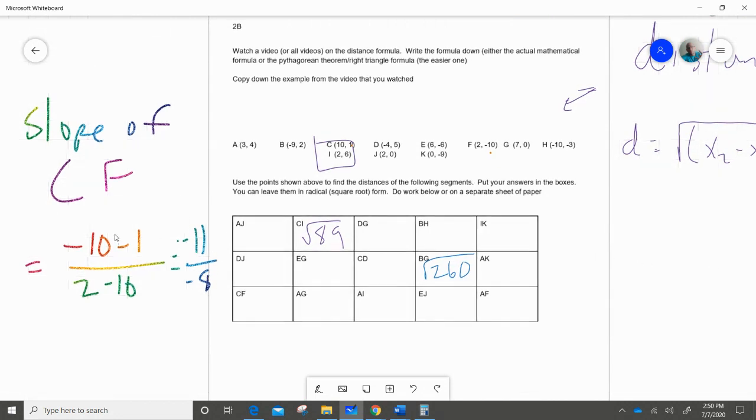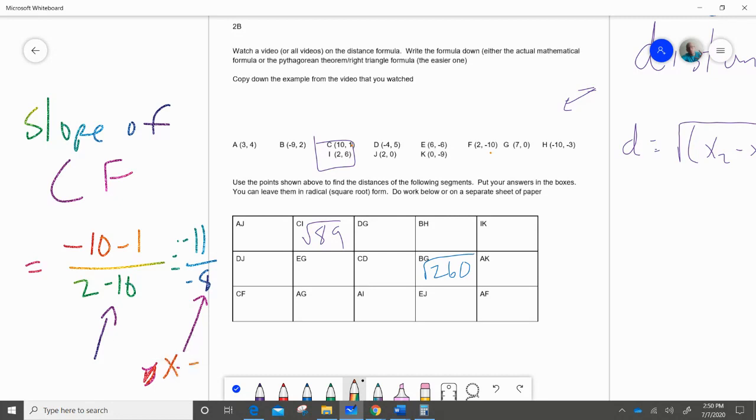Now, the 2 minus 10, as I just said a moment ago, is negative 8. That's your x2 minus x1.